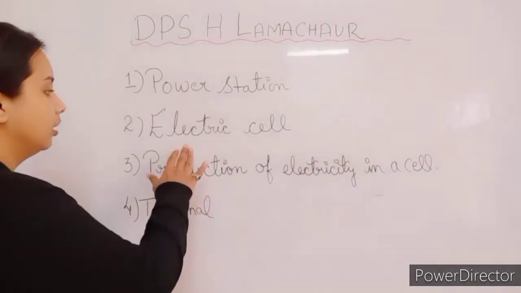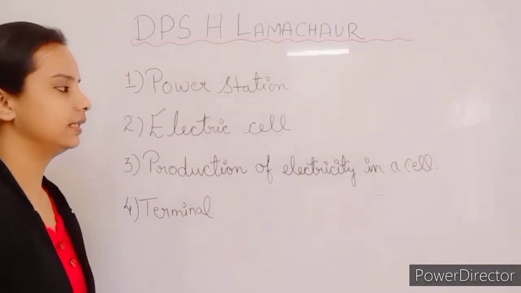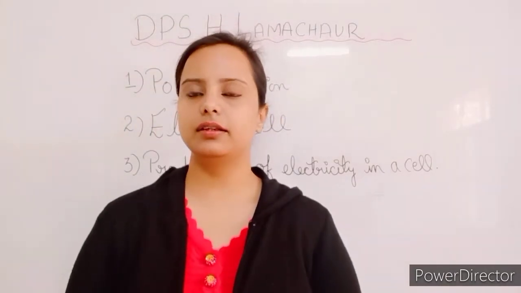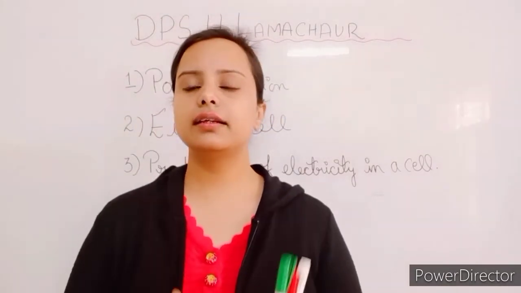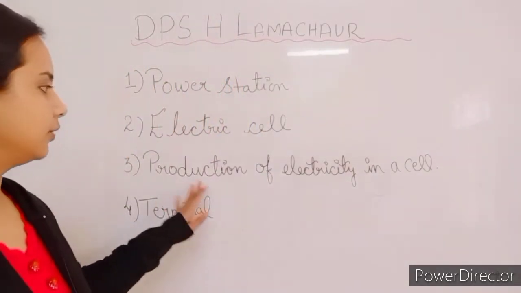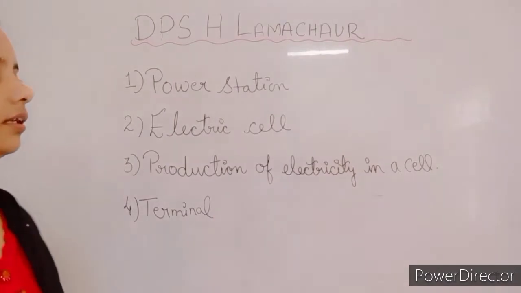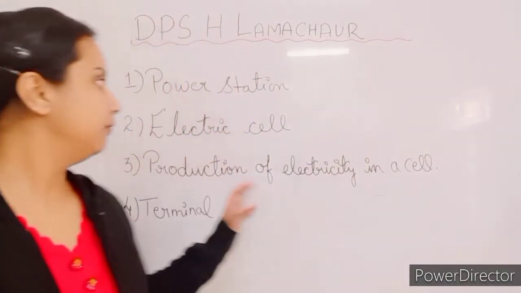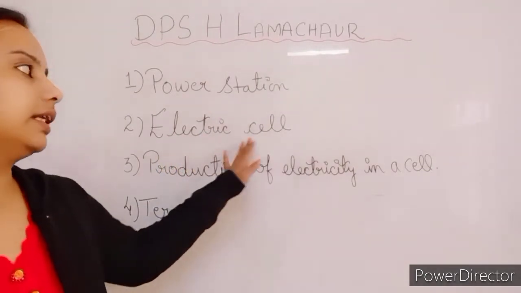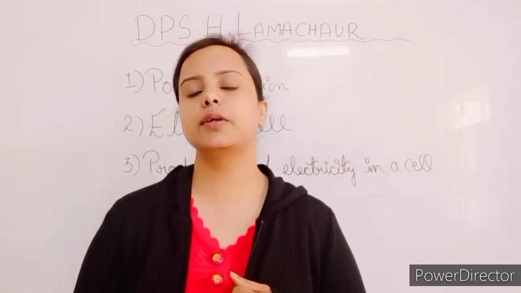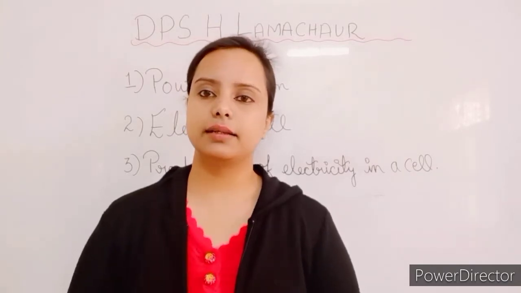Now what is an electric cell? An electric cell is a source of electricity. Now how is electricity produced in a cell? If we are saying that an electric cell is a source of electricity, how is this electricity produced in it?